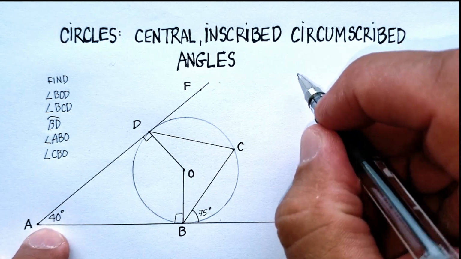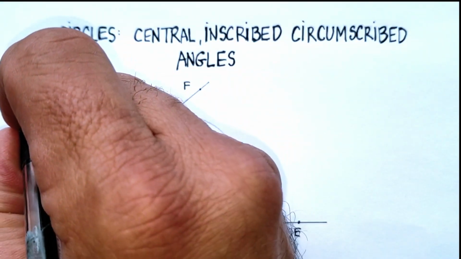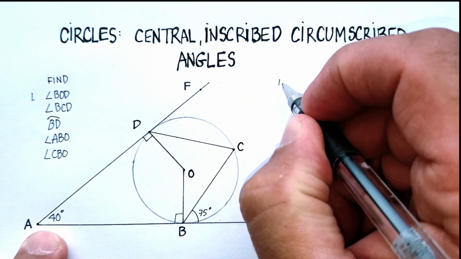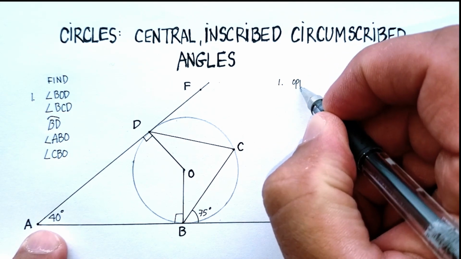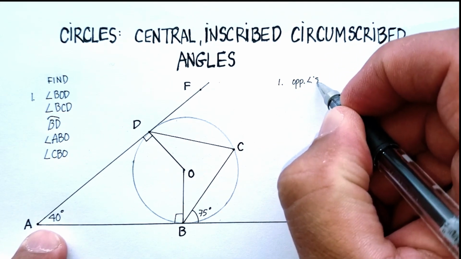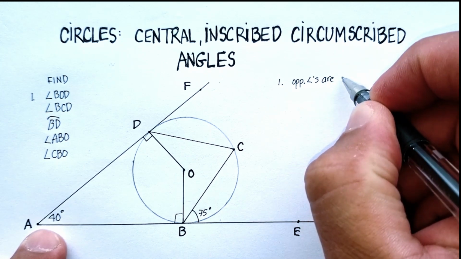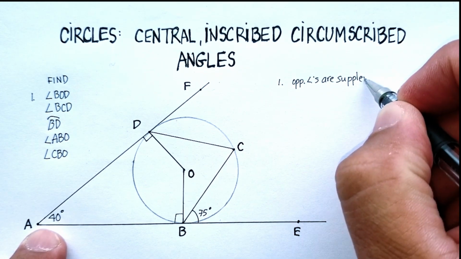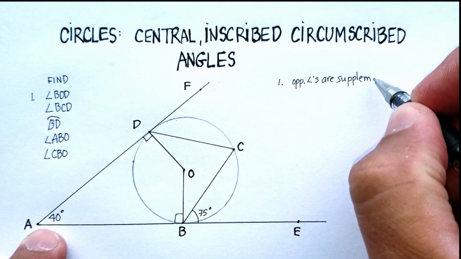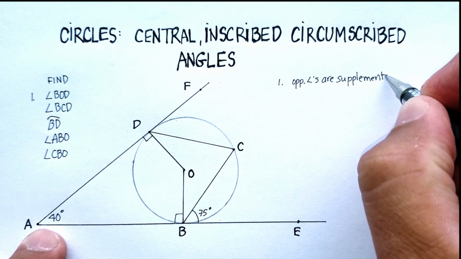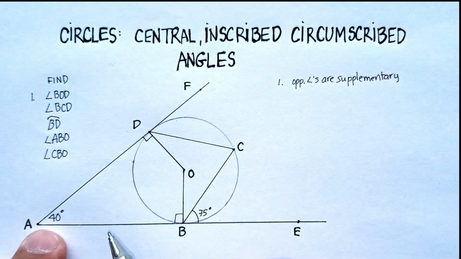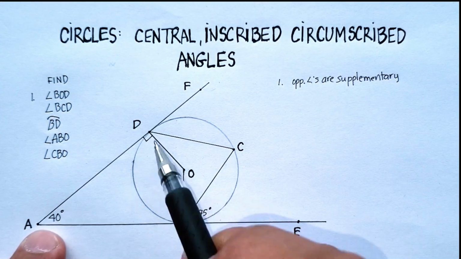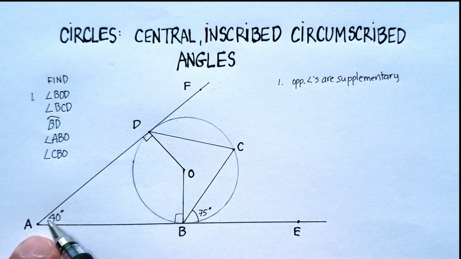Okay, so let me just say that again. So opposite angles, this is finding number one, by the way. So let's go up here. Opposite angles are supplementary, which means that it equals 180 degrees, right? So if that's true, we know that the opposite angle from BOD is BAD.